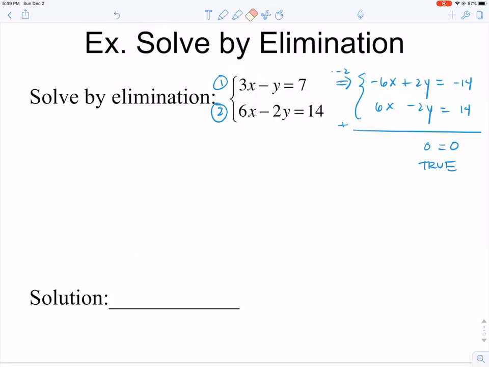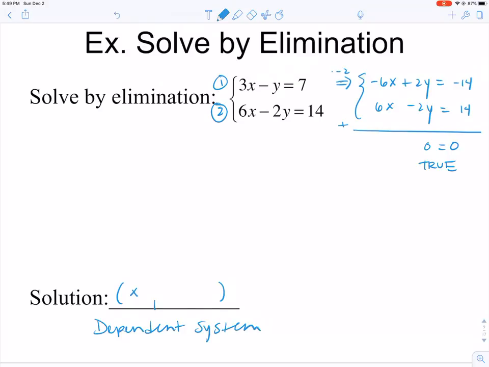Write this. And to represent the solution set to a dependent system, there's infinitely many solutions, all the points that lie on the line. I'm going to have x comma, and then I have to pick one of these equations to solve for y.